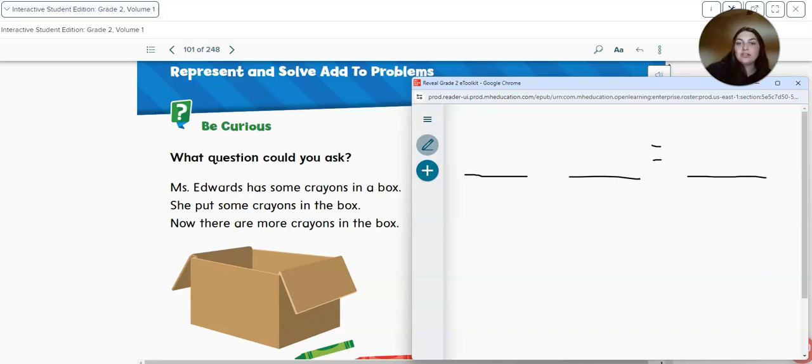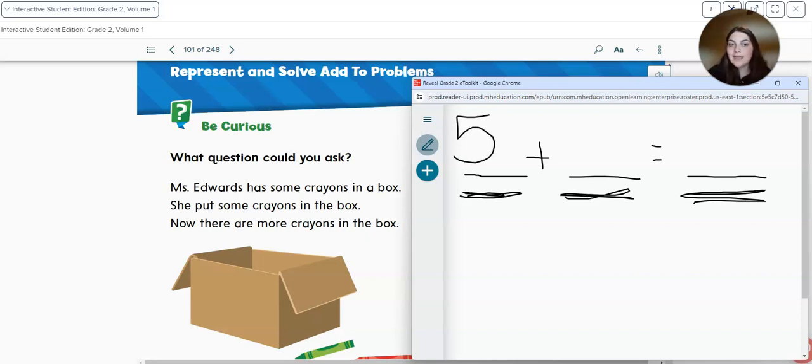So we are going to use our addition symbol here because she started with some crayons, and then she's putting some crayons, and then she has more crayons in the box, all right? So we can start with any number that we're comfortable with. Maybe she has 5 crayons in the box, and then she puts 4 more in the box. And that would be 9 crayons in the box.